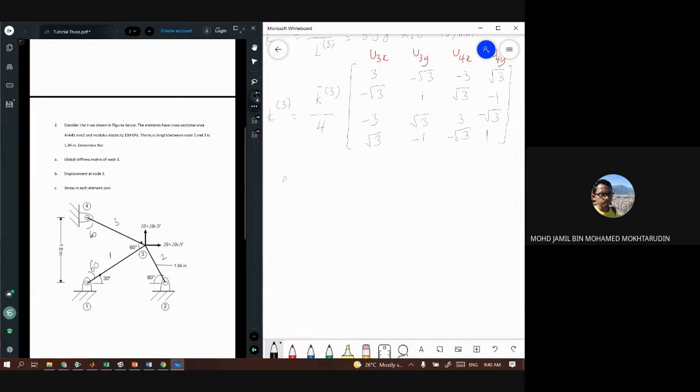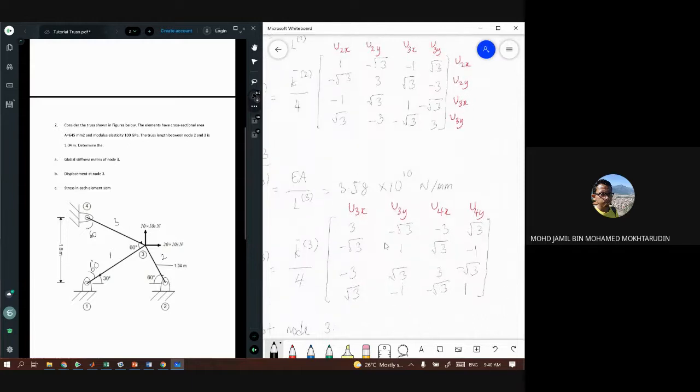So at node number 3, so the stiffness, this stiffness at node number 3 equals, so you just add up all the values for element number 3.